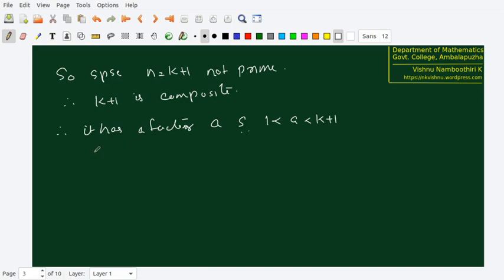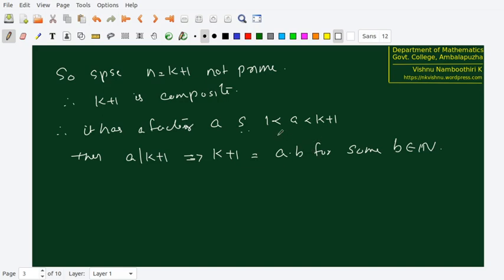And therefore, if a is a factor, then a divides k plus 1. So we can write k plus 1 equal to a into b for some natural number b. But remember that a is between 1 and k plus 1, a is not 1, a is not k plus 1.